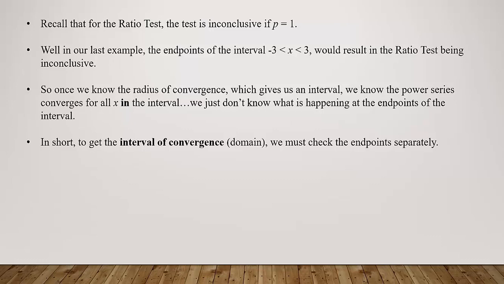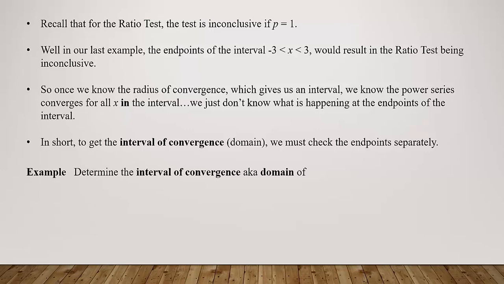We take those values of x at the endpoints of the interval and toss them into the power series. That will create a series of constants. And we learned so many techniques in the prior chapter on analyzing when series of constants converge. That will give us the interval of convergence.